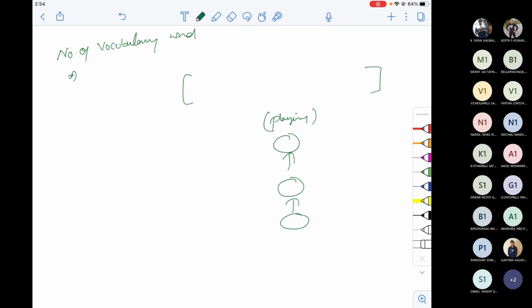If the number of vocabulary words in your corpus is 2000, then for the entire 2000 words you'll get the probability distribution. And at a particular state, you will have the highest probability. Assume that the highest probability is 0.3, and this 0.3 is associated with the word playing. That's the reason I have predicted playing. You should not forget the basics.